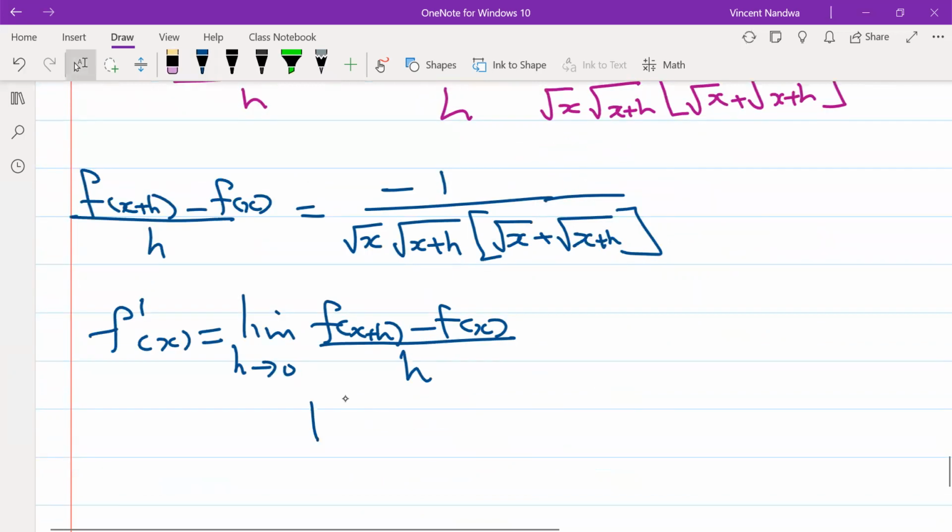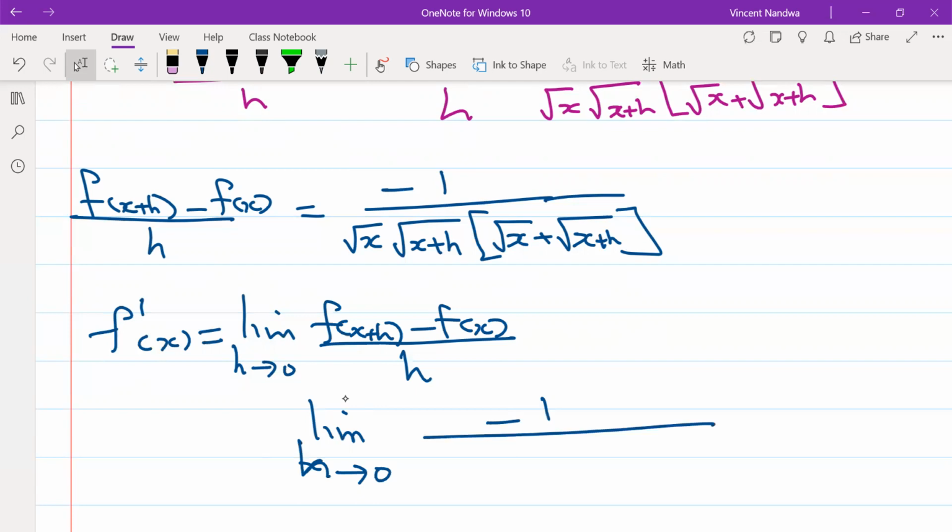So the limit as h approaches 0 of negative 1 over root x, root x plus h, root, plus, correct.